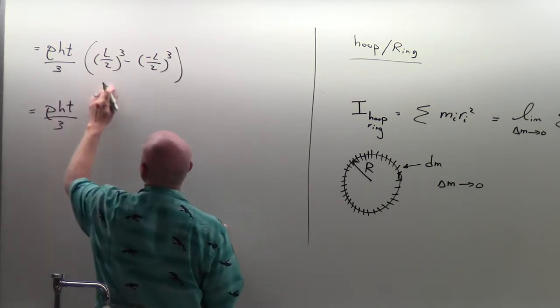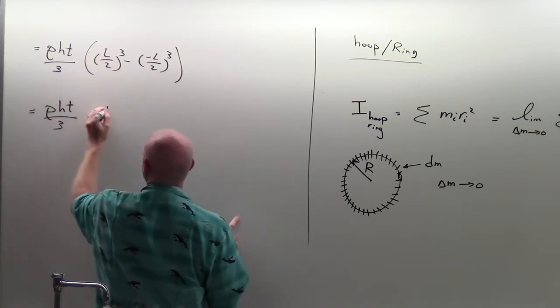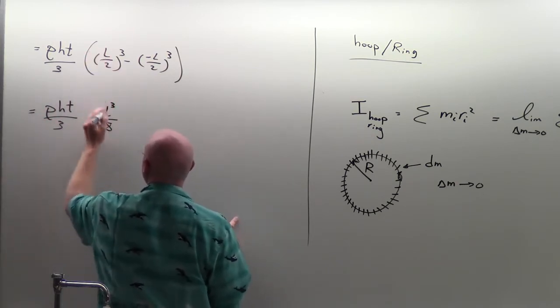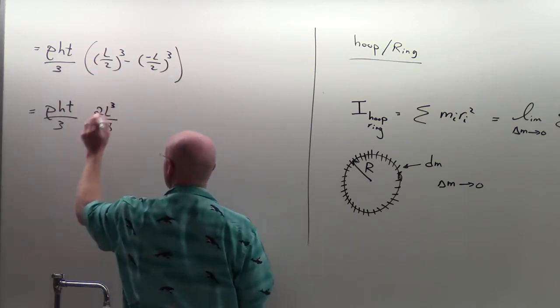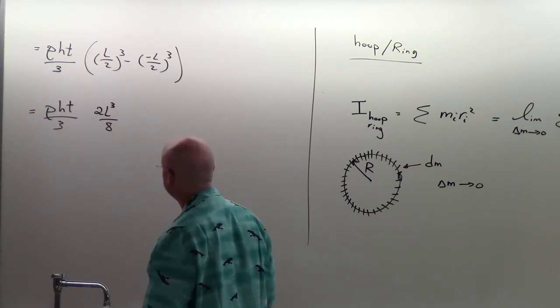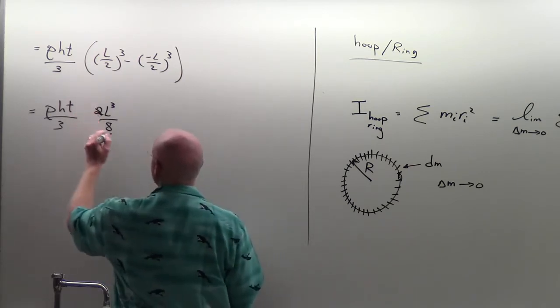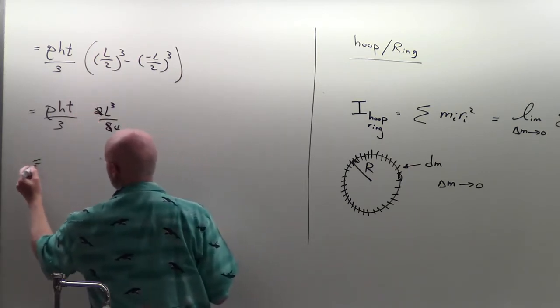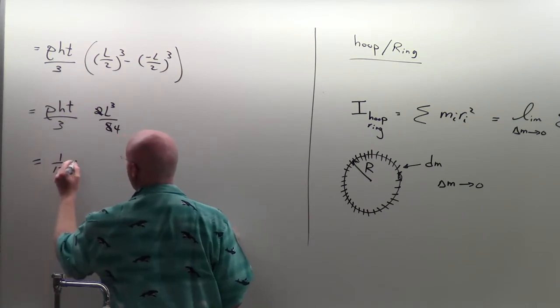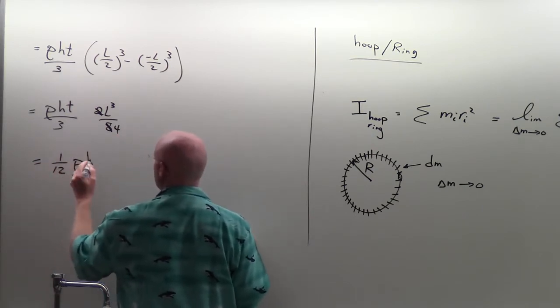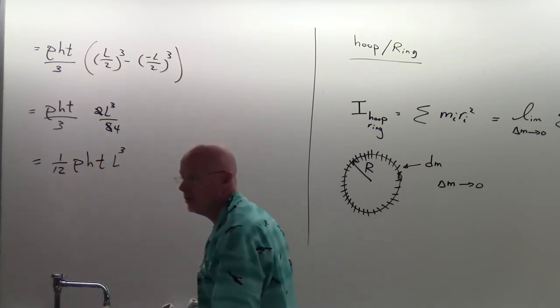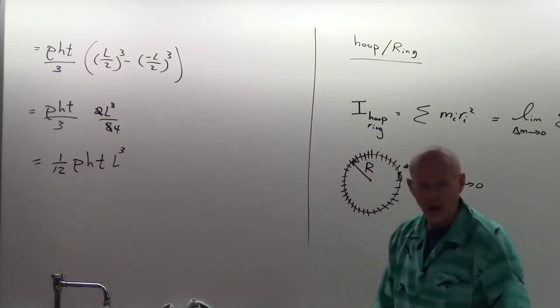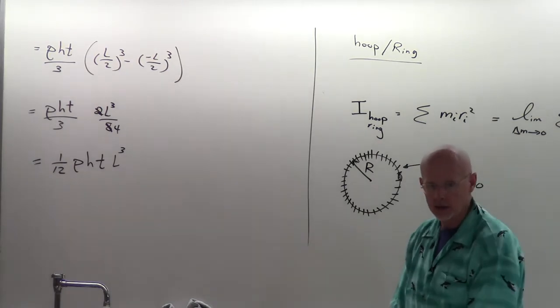Simplifying this, that is L cubed over 8 minus a negative, which means I've got 2 of those. That 2 would go into here, and so it looks like I have 1/12 times the density times the height times the thickness times L cubed. And so there would be actually doing the calculus.